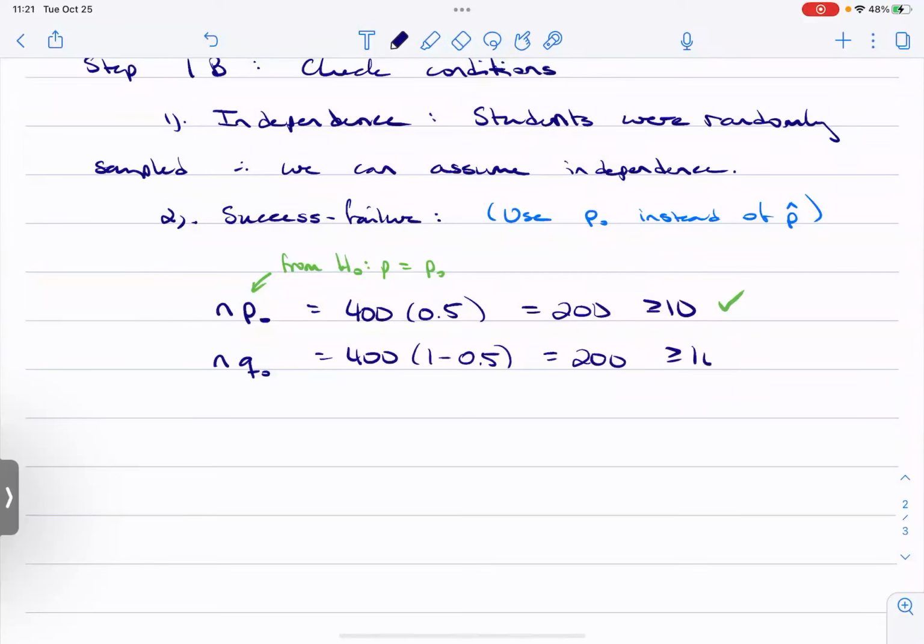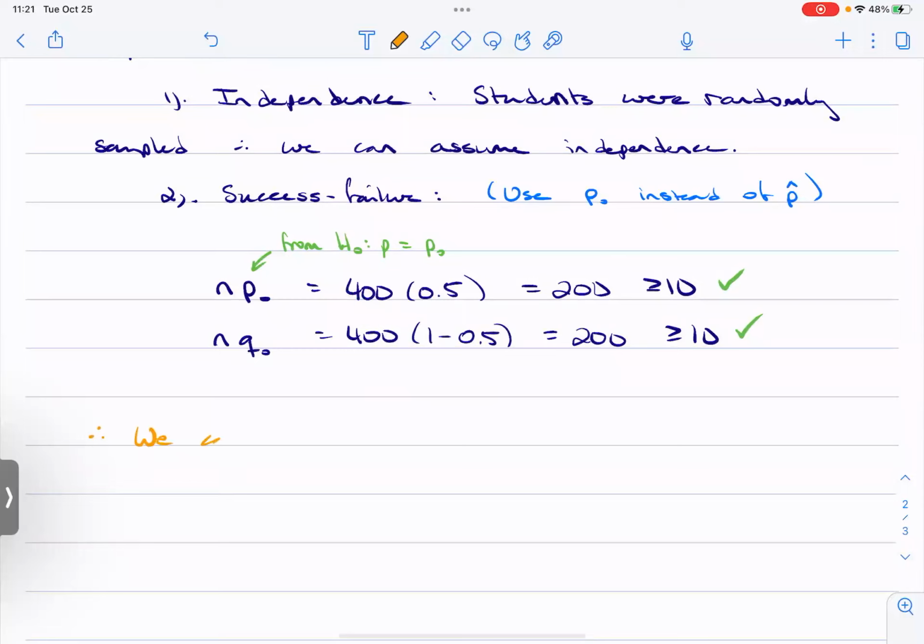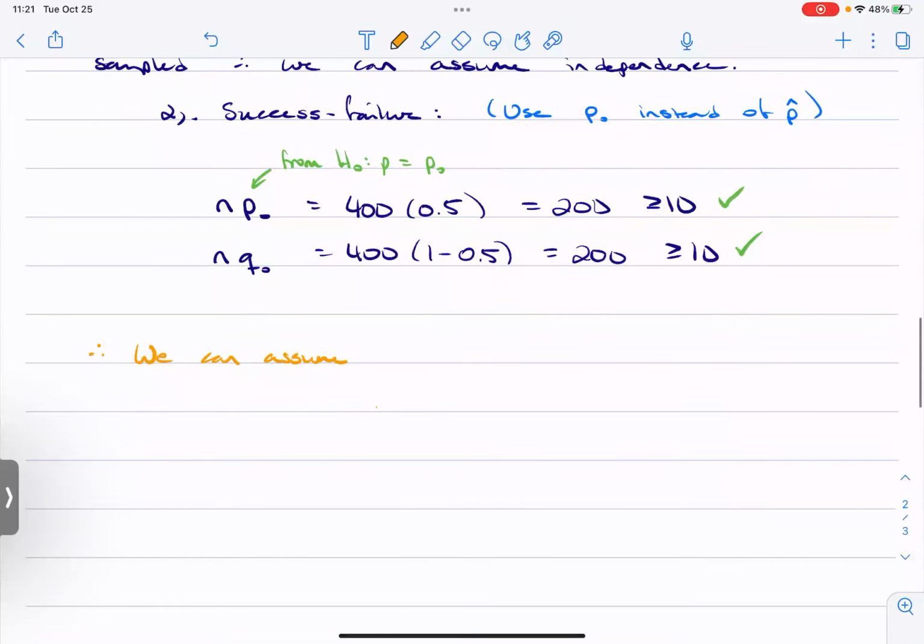Now, because these conditions check out, they're all good, then we can assume that p hat follows a normal distribution centered on p naught with a standard error of the square root of p naught q naught over n.